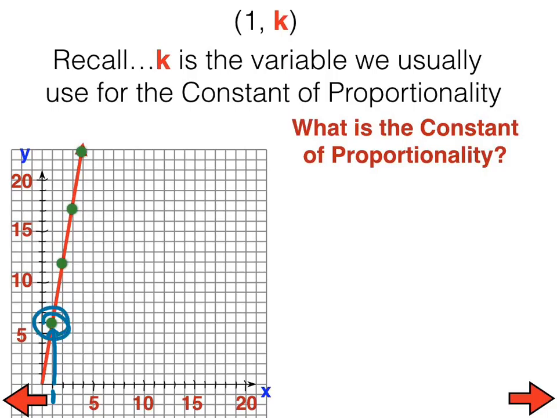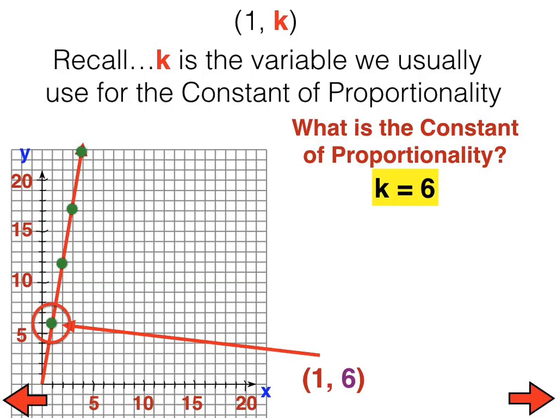There happens to be a dot there. What is that dot at? 6. So my ordered pair is 1, 6. My K is not 1, 6. It's just this number. And what number is that? 6. So 1, 6 tells me that K equals 6. Make sense?